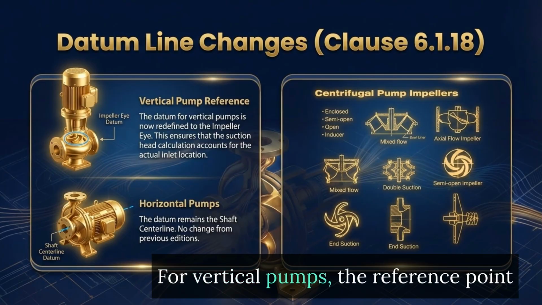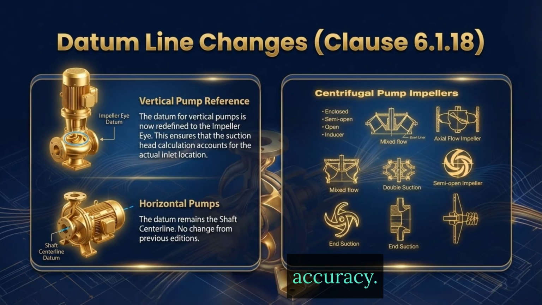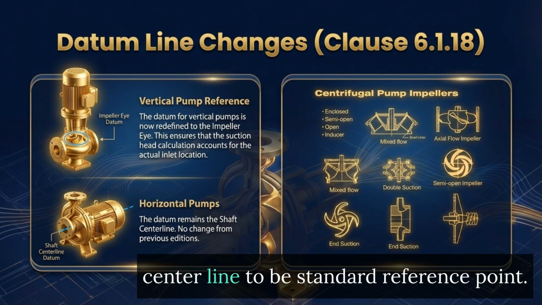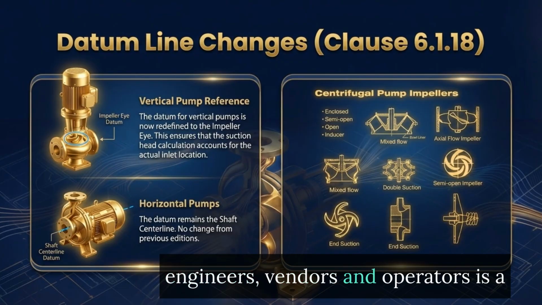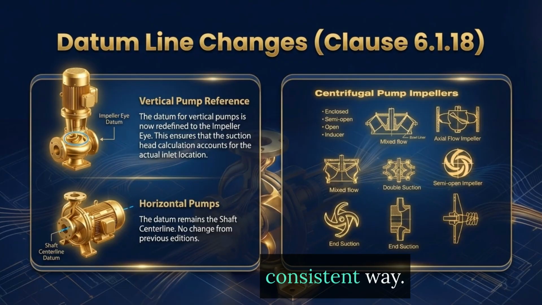For vertical pumps, the reference point moves to the impeller eye for better accuracy, while for horizontal pumps, the shaft center line continues to be the standard reference point. This helps ensure that everyone, engineers, vendors, and operators, is measuring pump performance in a consistent way.